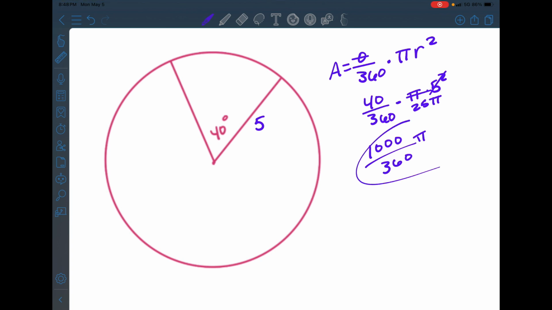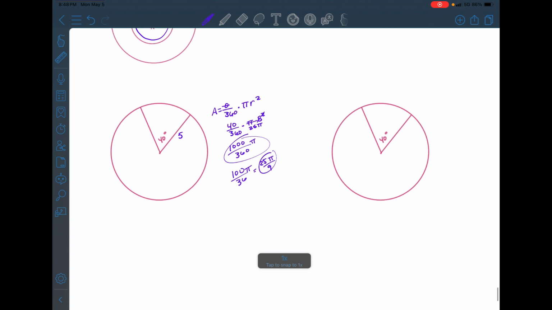That's easy, just put it in your calculator. It could be 100 over 36 pi. You could still reduce that even further, the 4 goes into both, so 25 pi over 9. That's probably as simple as it gets. So there's your answer.